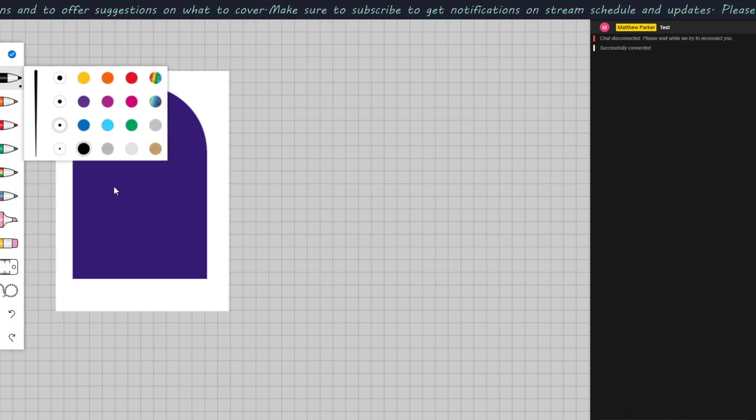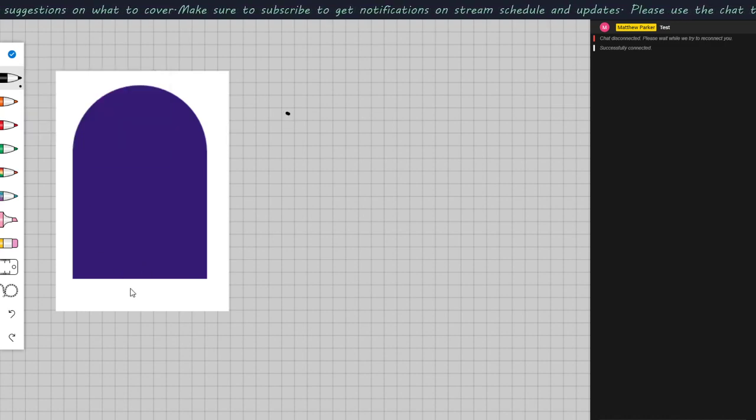First I need to give dimensions. So let's make this 5. Let me show you where this is at. So you've got a semicircle, and this is going to be 5 by 7.